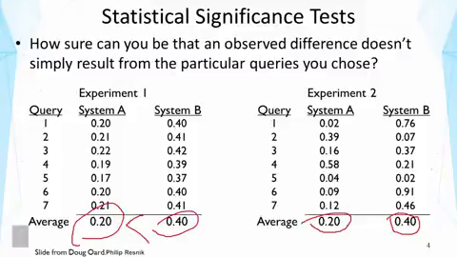If you look at the mean average precision, we can easily say that, well, system B is better, right? After all, it's 0.4, and this is twice as much as 0.2. So that's a better performance.